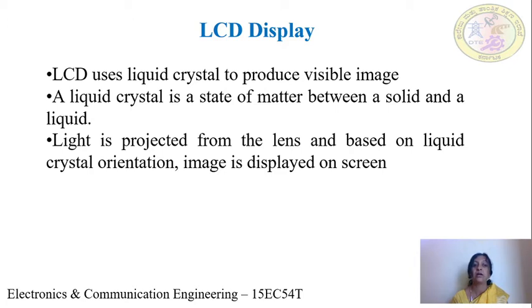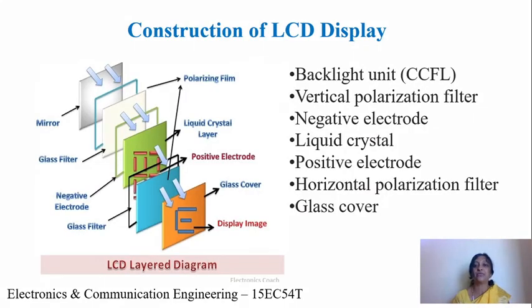The orientation, that means the angle of these molecules, will get changed. Due to this change in angle or orientation of these molecules, the image is going to be displayed on the screen.